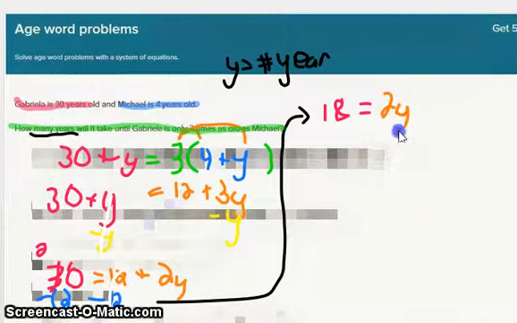Now, the 2 is being multiplied by y, but we want y completely by itself. So, we're going to want to divide. So we're going to divide each side by 2.